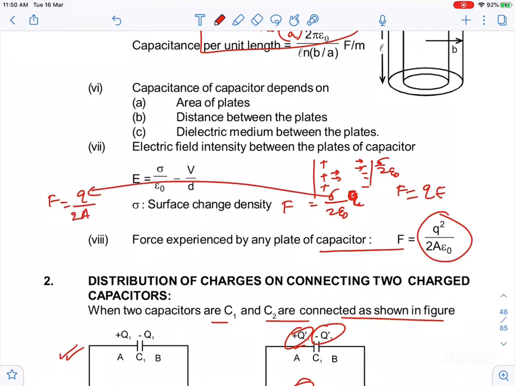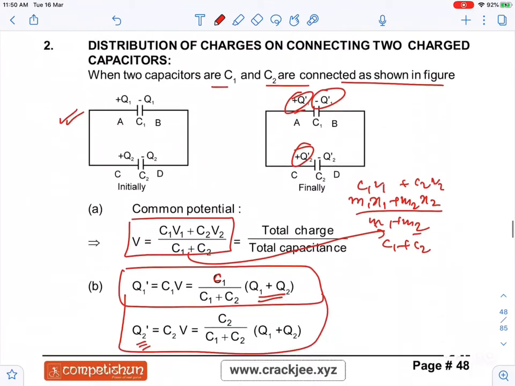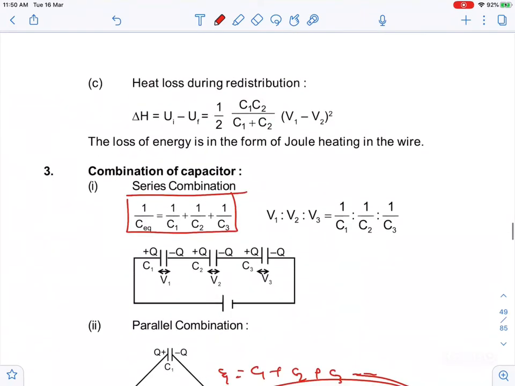Sigma can be written as Q by area A, so this becomes Q square by 2A epsilon naught. This is the force experienced by any plate of the capacitor.